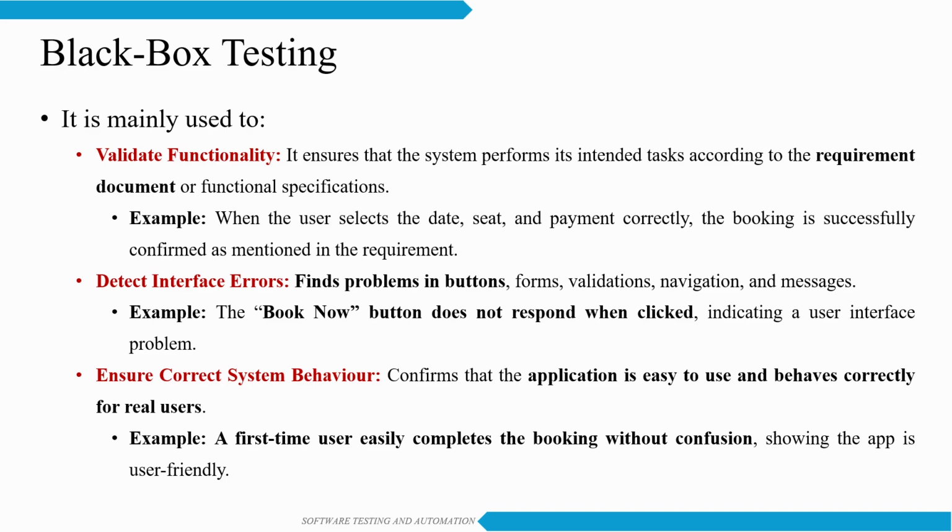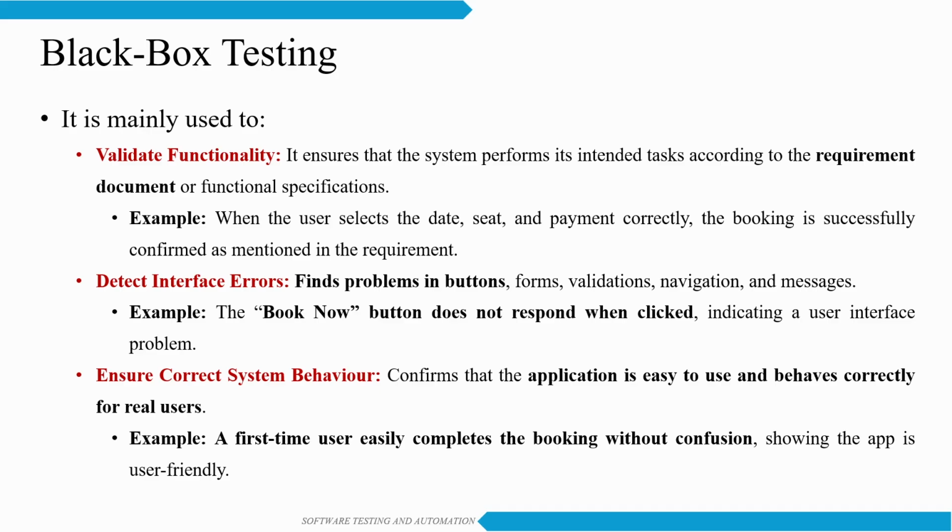For example, if the Book Now button does not respond when clicked, it indicates a user interface problem. If we have a Continue button, it should go to the next page. If it is not working properly, it will not move to the next page. So the UI should be working properly. That interface checking is called detecting interface errors.